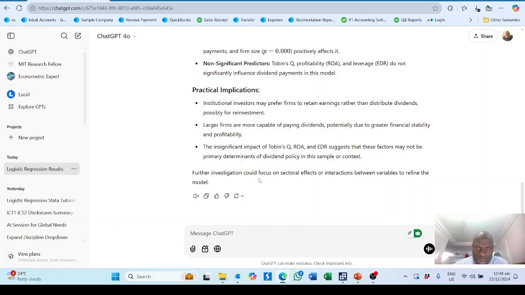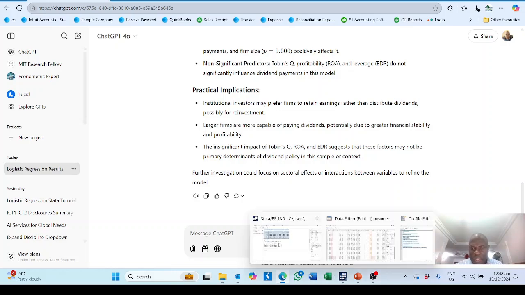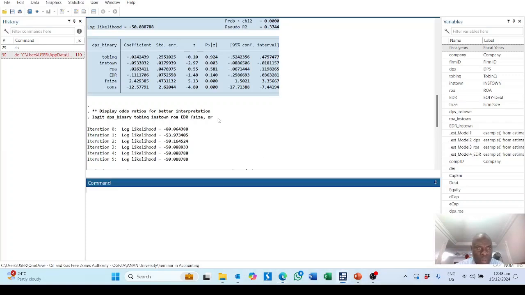Further investigation could focus on sectoral effects or interaction effects to refine the models. So that is how ChatGPT gave us a further insight into the regression analysis we ran.